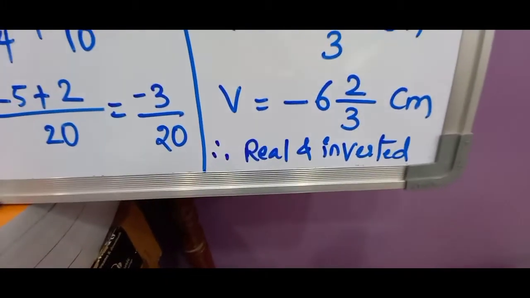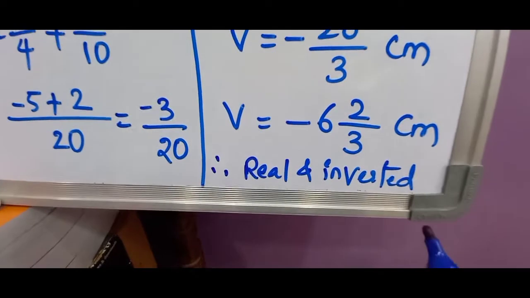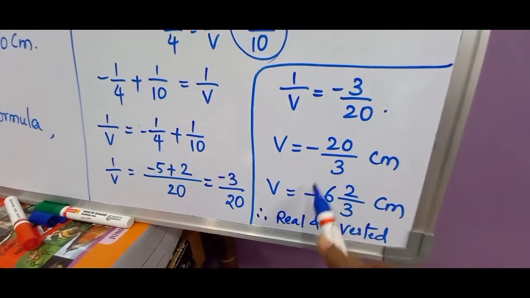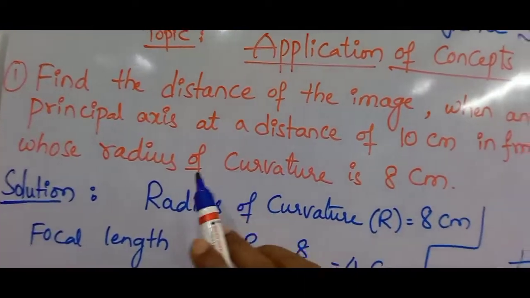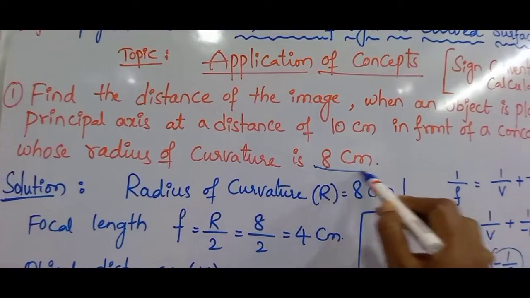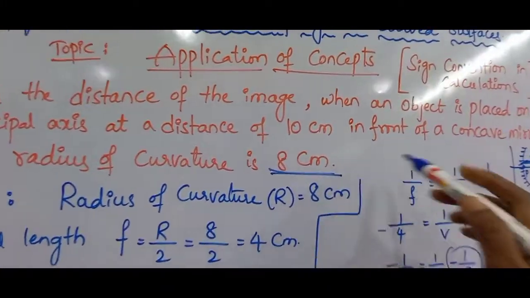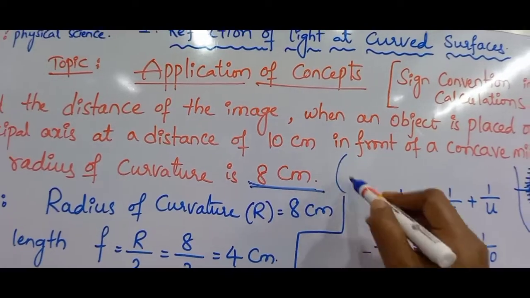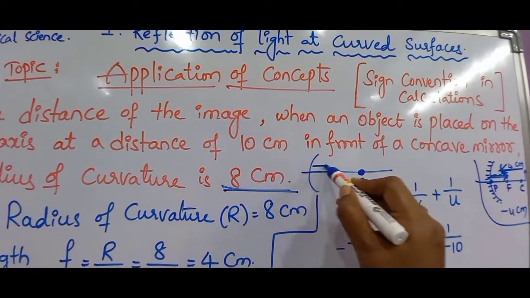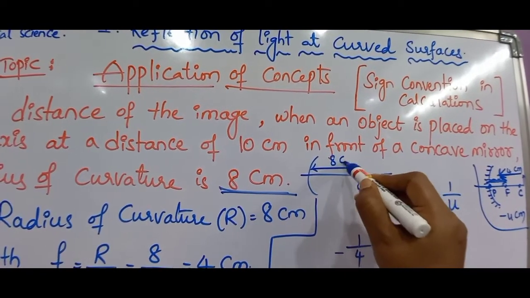So the image is a real image, and an inverted image is going to be formed. This is the image distance, as we have already guessed that it will be less than 8 centimeters. According to the given information, this is the radius of curvature. That means the center of curvature lies 8 centimeters from the mirror. Here to here the distance is 8 centimeters.